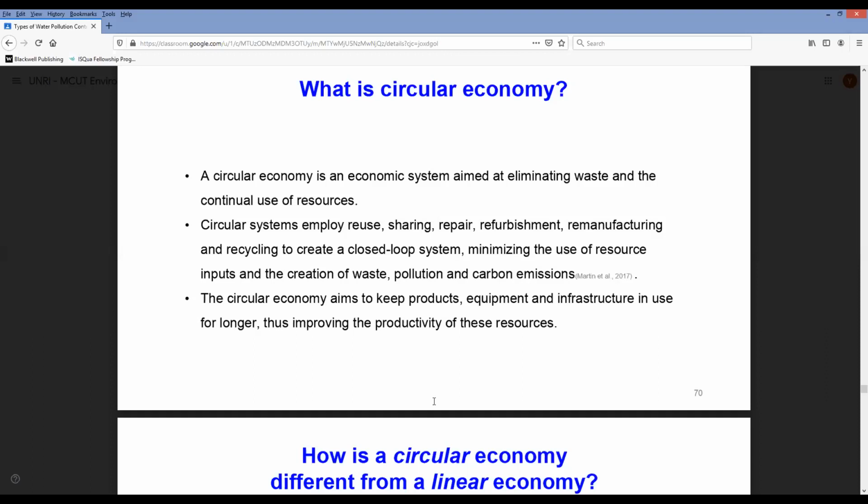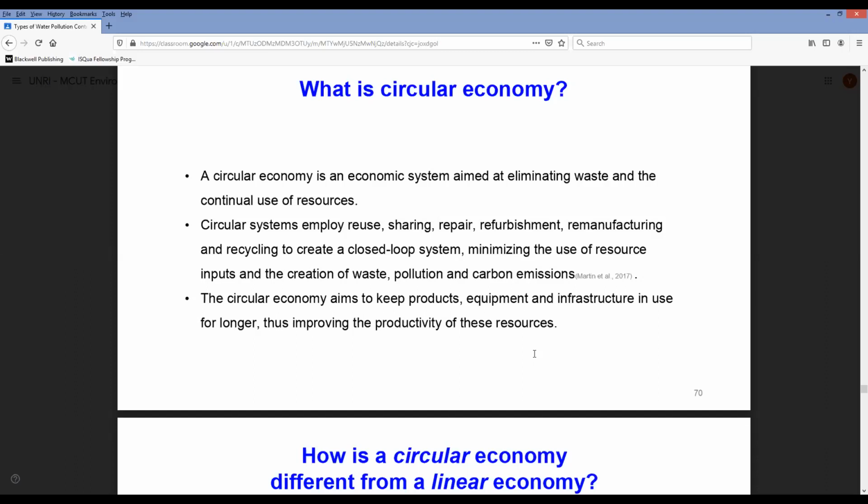And right now in Taiwan, this kind of topic is very popular, especially in environmental engineering. For today, I will just give you a brief introduction of what a circular economy is. And for the next class, I will show you some circular economy specifically in wastewater treatment. So today I will just give you some brief background introduction. Maybe I will go a little bit faster.